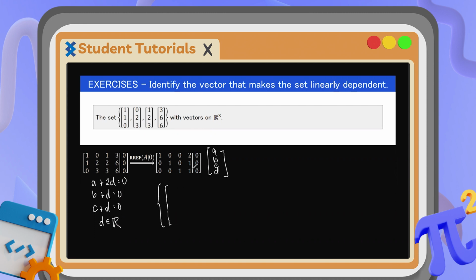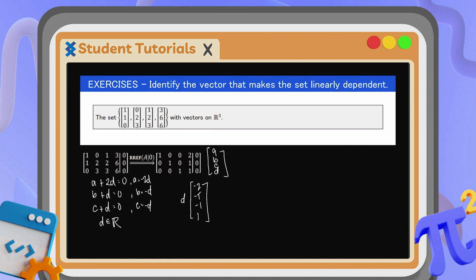So the solution would look something like a vector again. Let's isolate the constants: a is equal to negative 2d, b is equal to negative d, c is equal to negative d, and d is just a real number. So we can multiply d to the vector negative 2, negative 1, negative 1, and 1.